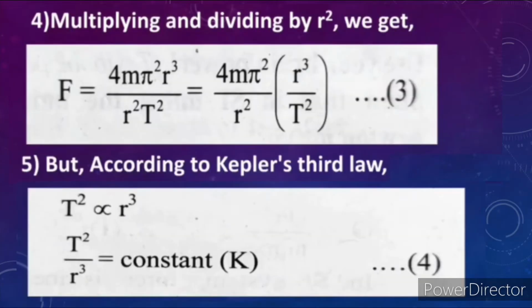4. Multiplying and dividing by r², we get F = 4mπ²r³/(r²T²) = (4mπ²/r²)(r³/T²). Equation 3. 5. But according to Kepler's third law, T² is directly proportional to r³, and therefore T²/r³ is equal to constant k. Equation 4.